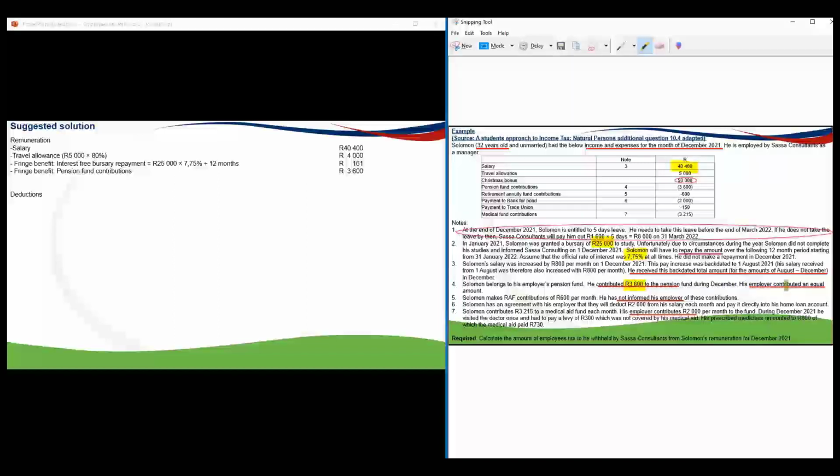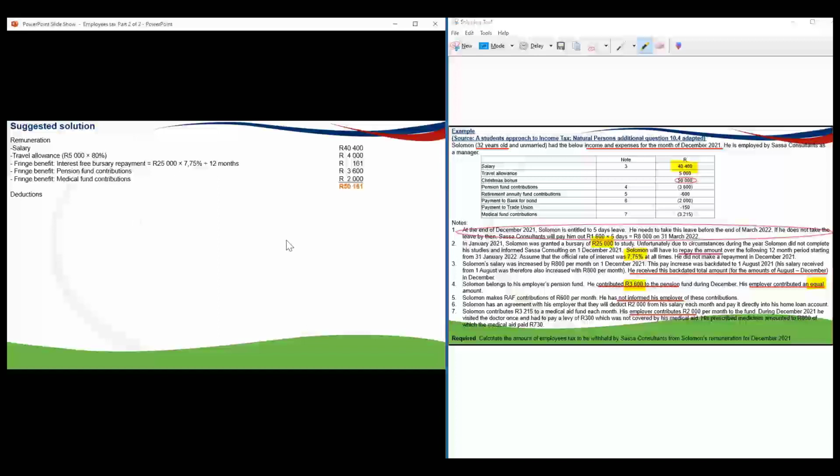The employer makes a contribution of the same amount, so that equal amount. Hence, the whole 3,600 would be included in remuneration over there and is fully taxable as a fringe benefit.